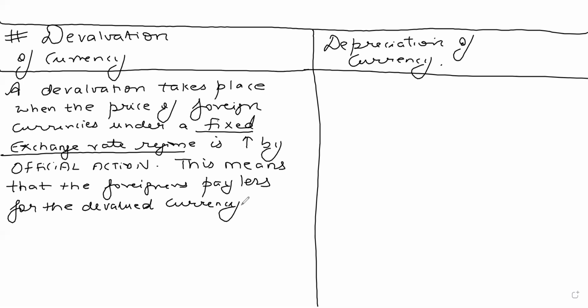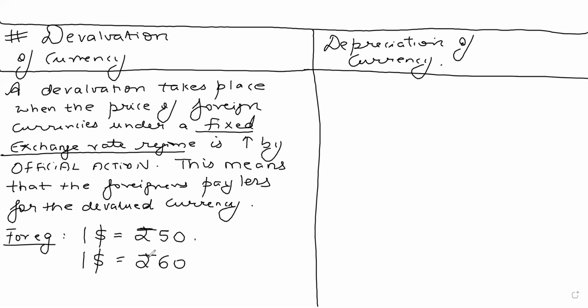So for example, suppose hypothetically $1 is equal to 50 rupees. Now suppose the government decides to make $1 equal to 60 rupees.